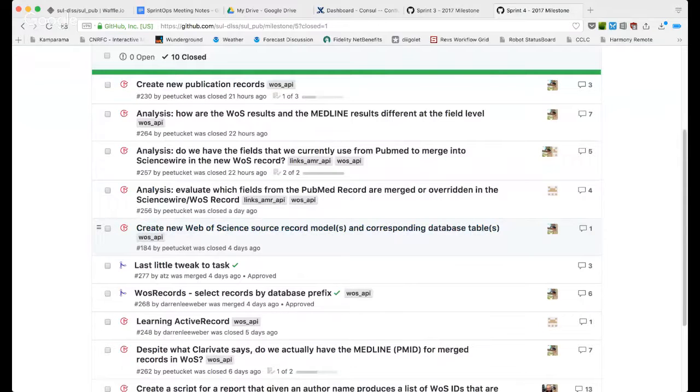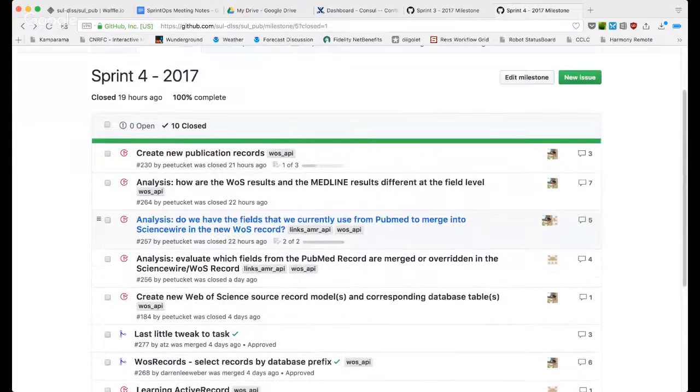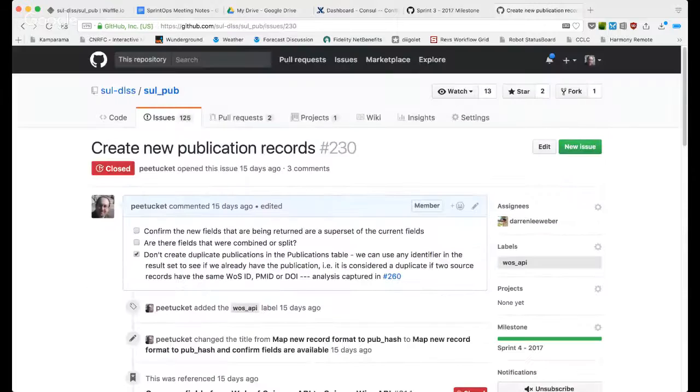We started work on the persistence of the results coming back into the database, which involves storing the response coming back. That's what this ticket's about. And work on taking that record and putting it into a data structure, what we call a publication, that is actually what is fed to the profile system.